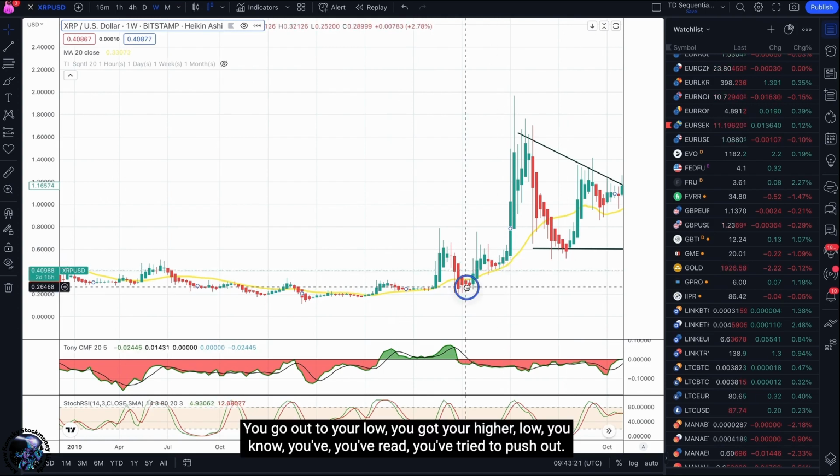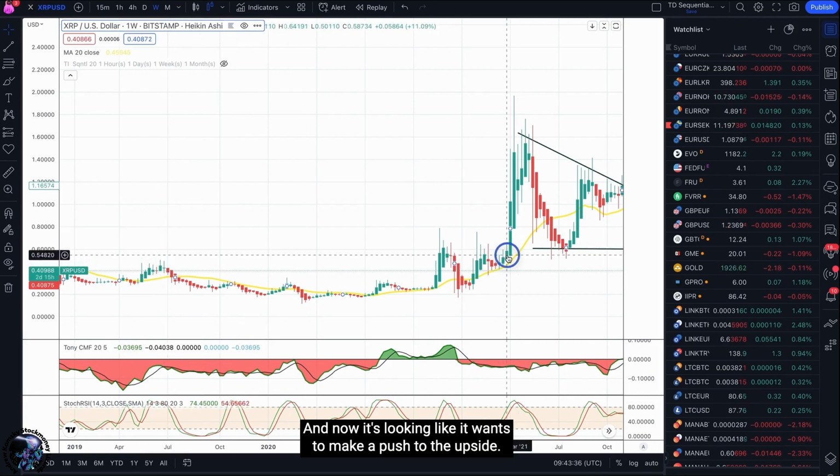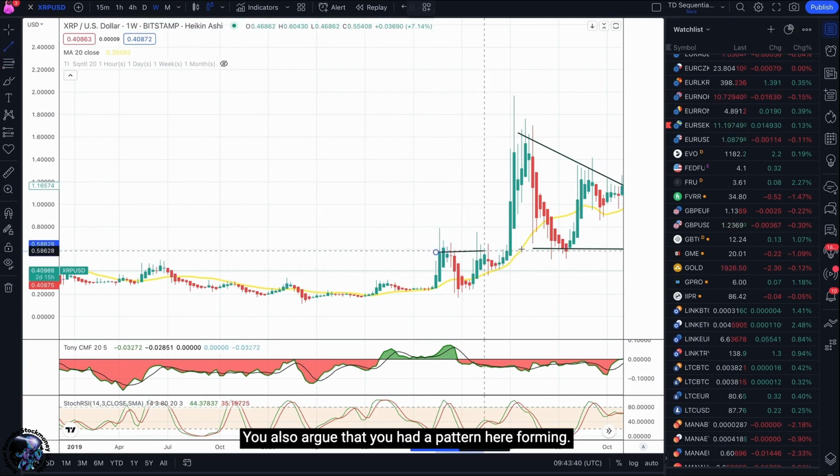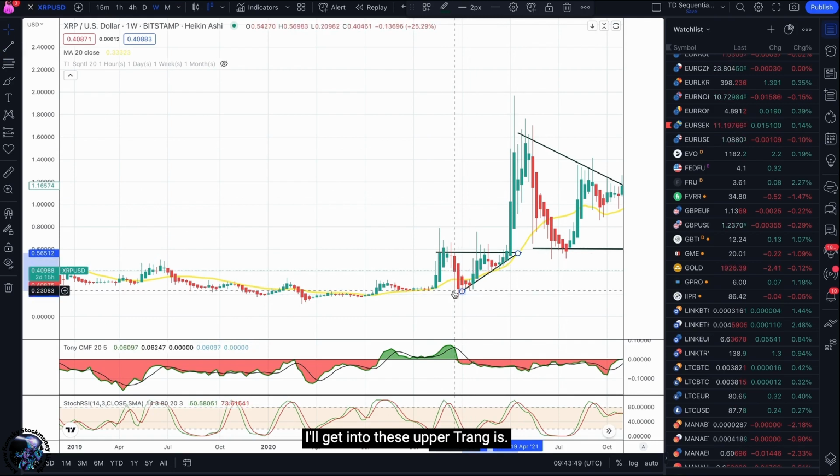You got your low, you got your higher low, you've tried to push out, you've cleared this line of resistance, and this one, and this one, and now it's looking like it wants to make a push to the upside. You could also argue that you had a pattern forming here, which was an upward triangle. I'll get into these upward triangles. They're absolute magic in the charting world.